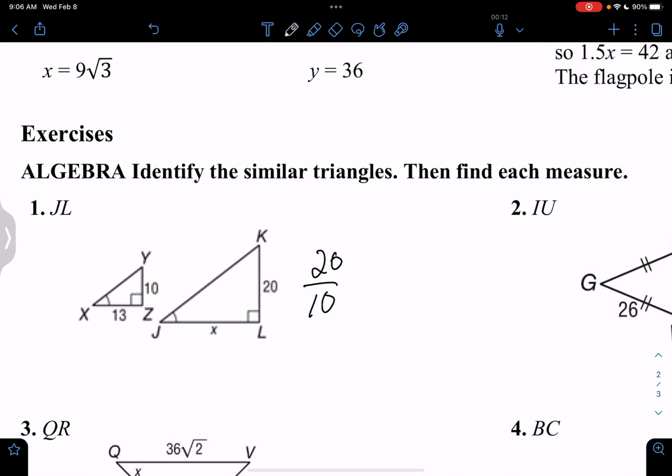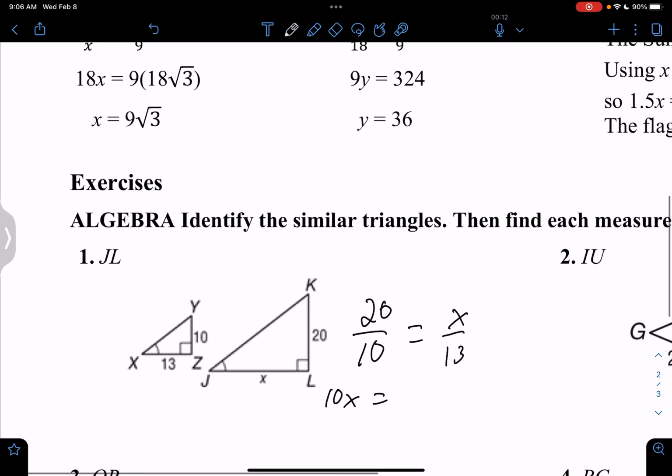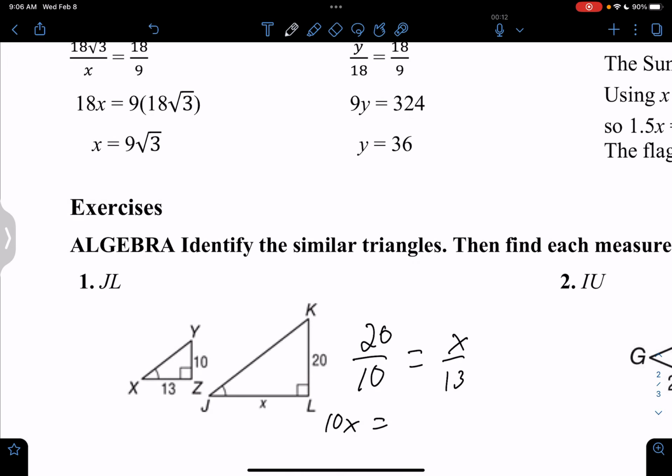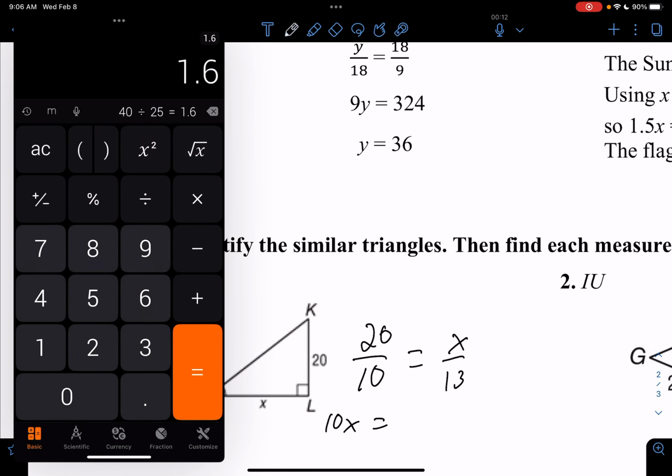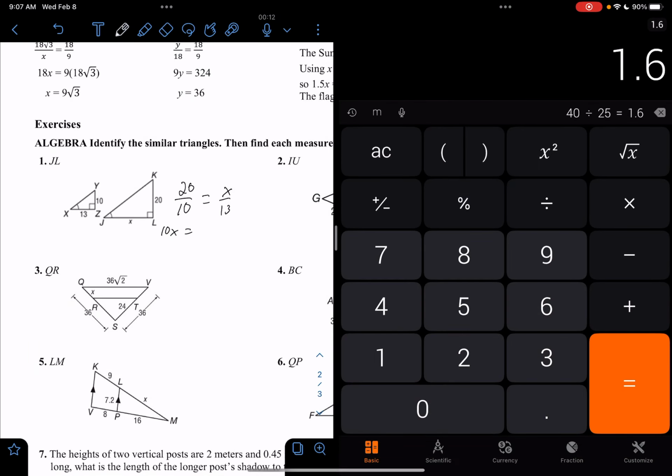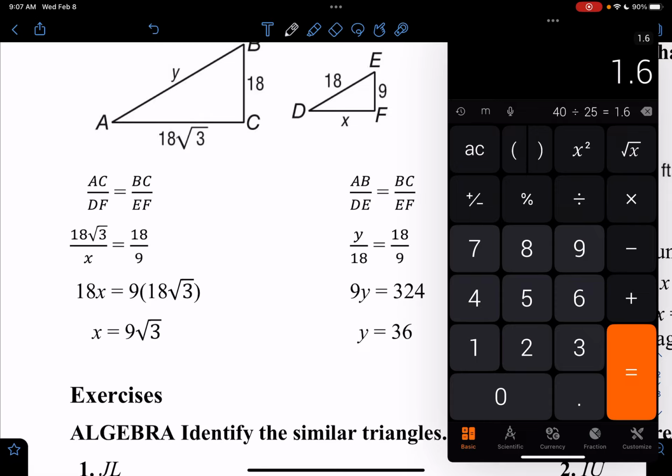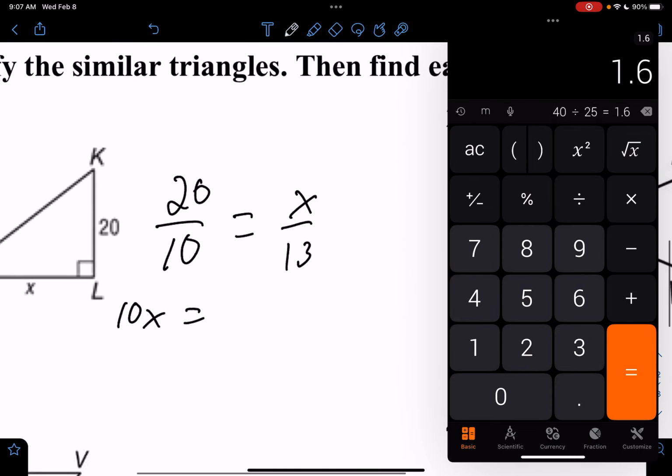20 is to 10, just like x is to 13. I can go 10x equals... I'm trying to get the calculator here to work. Where is the calculator? There it is. Too big. Okay.